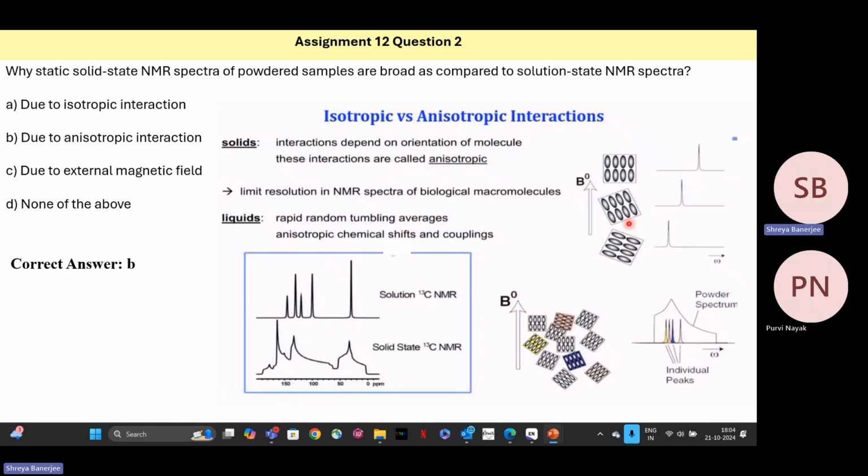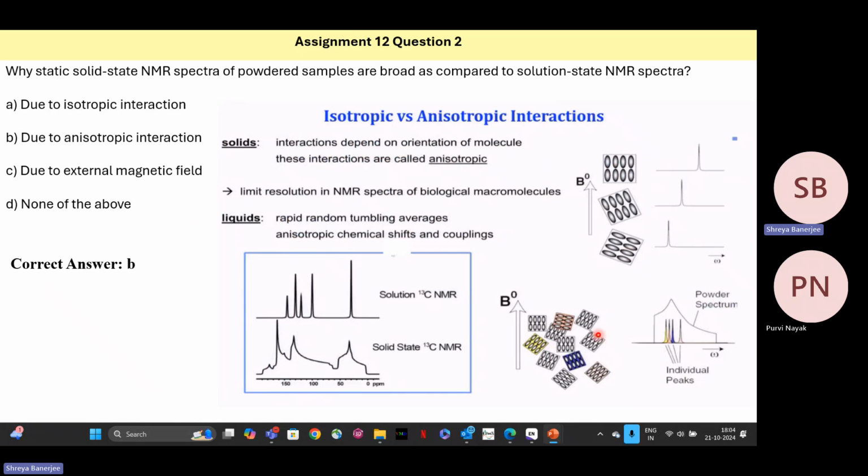Basically, what happens in a liquid or solution state NMR, you can have spins oriented in many different directions. Like this direction is giving a particular chemical shift. Another orientation is giving another chemical shift, and so on. But in liquids, all these different orientations are rapidly tumbling and averaging out, and you see only one chemical shift that is the average of all these.